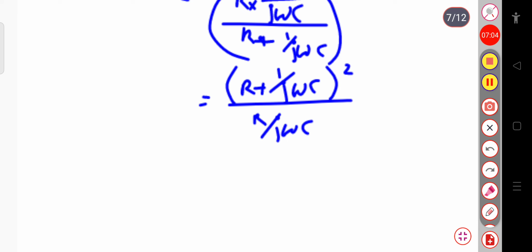Or this can simply be written as R1 by R2 equal to R square minus, you know, j equal to root over of minus 1.